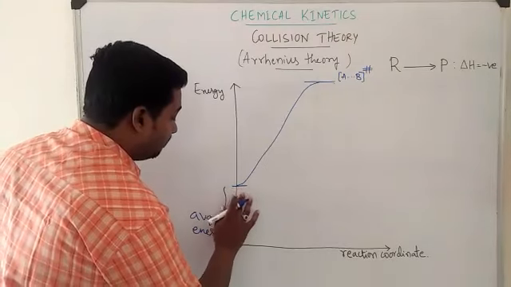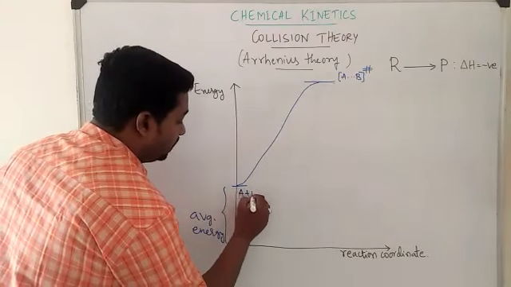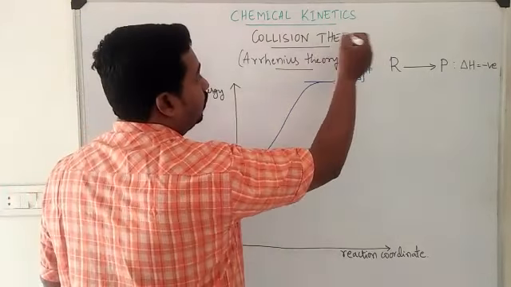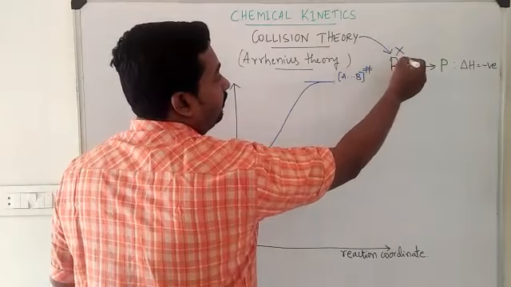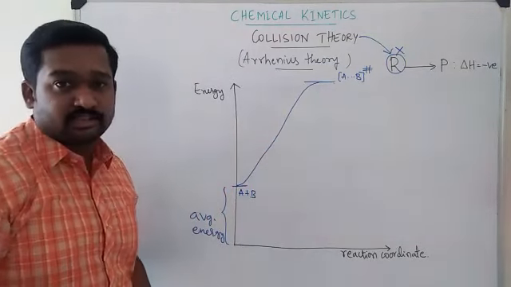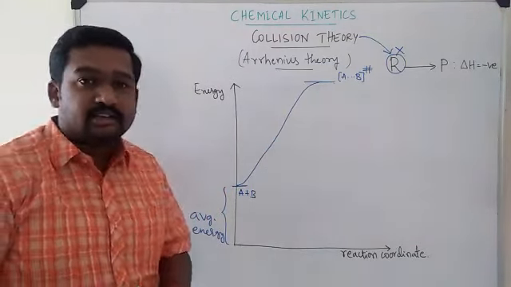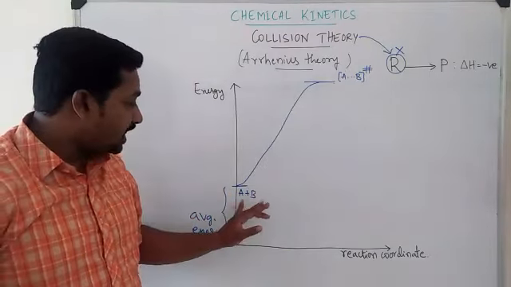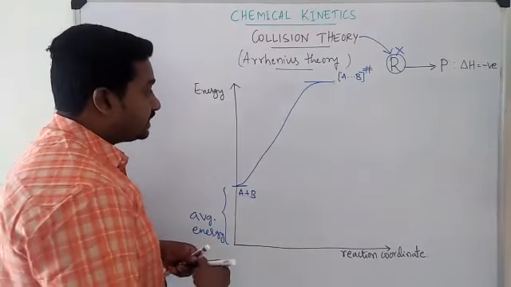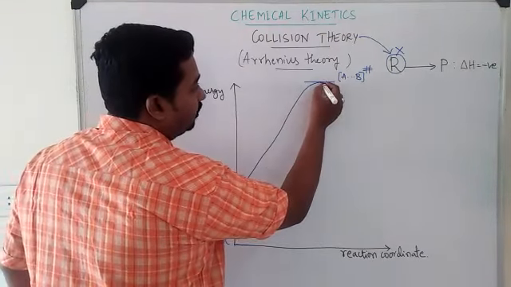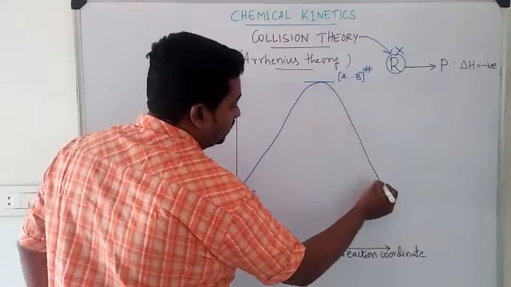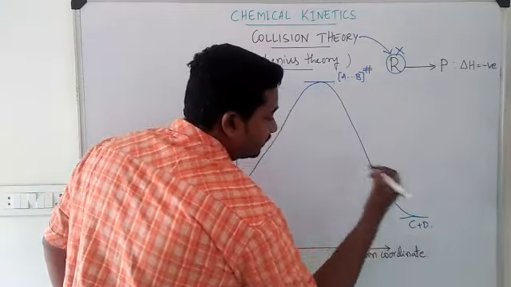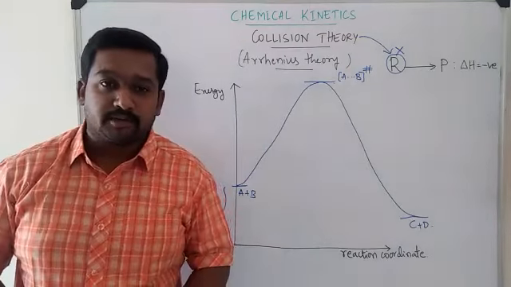So instead of R, I will consider A and B as reactants. I'll give you the reason: collision theory is not valid for only one reactant reactions. Single reactant reactions cannot be explained using collision theory. So I have changed it to A and B now. Next, there will be decomposition of this activated complex into products, say C plus D. Some two products have formed.